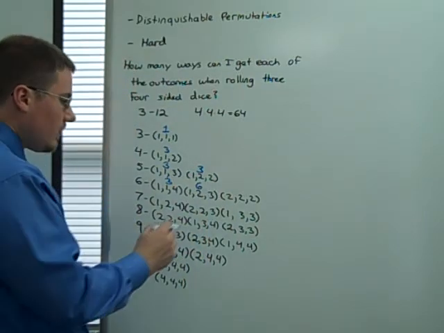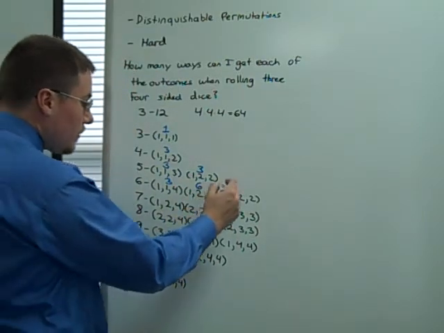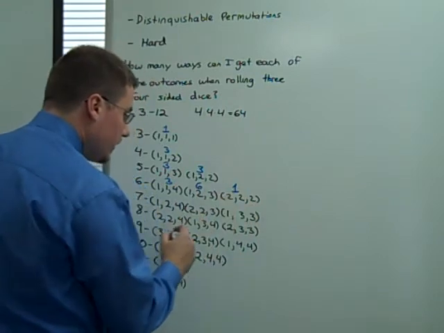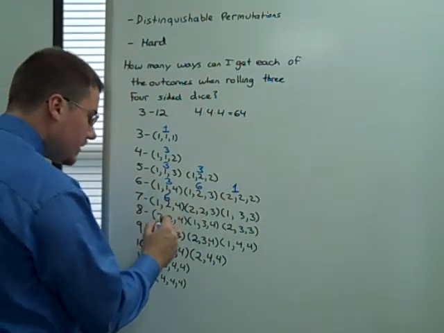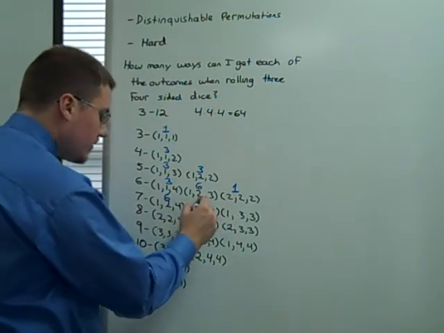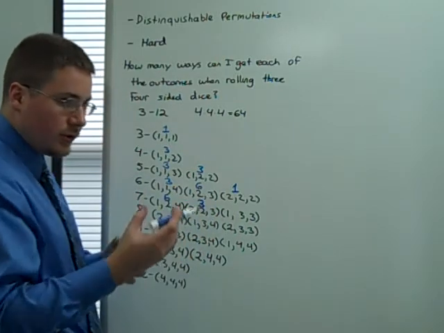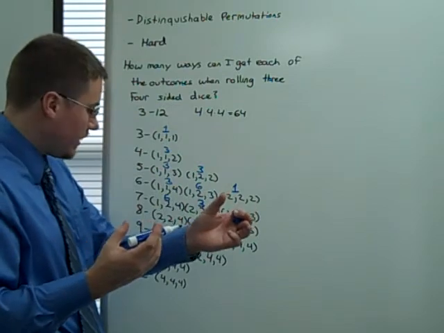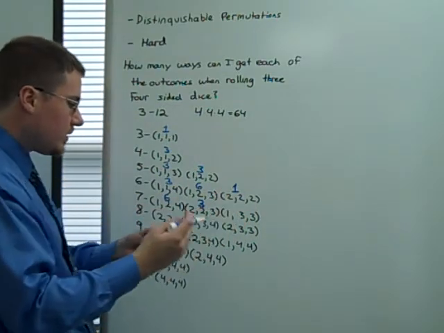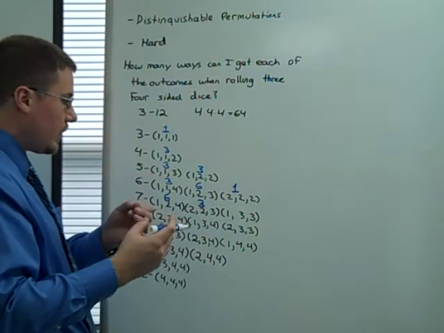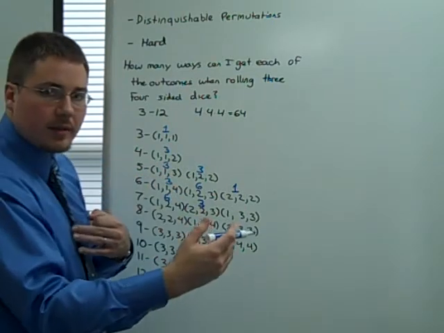Alright? Now 2, 2, 2, just like 1, 1, 1, there is only one way to do that. Now 1, 2, 4 is just like 1, 2, 3, there's 6 ways. And at this point I'm just repeating patterns. Every time I see 2 of one element and then 1 of another, that's a 3. Whenever I see 3 unique elements, that's a 6. Whenever I see all of the same element, that's a 1.